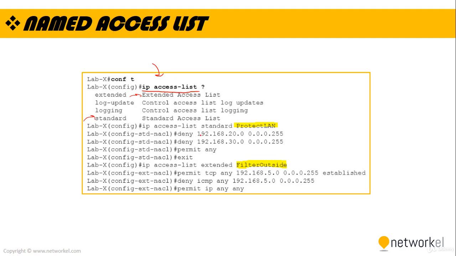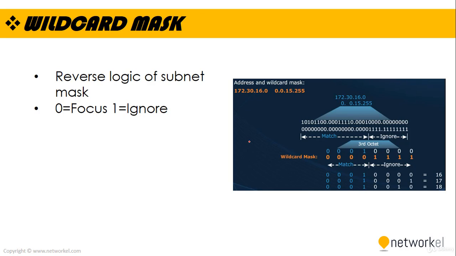In this example, we are using ip access-list standard, and we write the name of our access list here. And as you can see, under the access list mode, we are denying or permitting some statements.